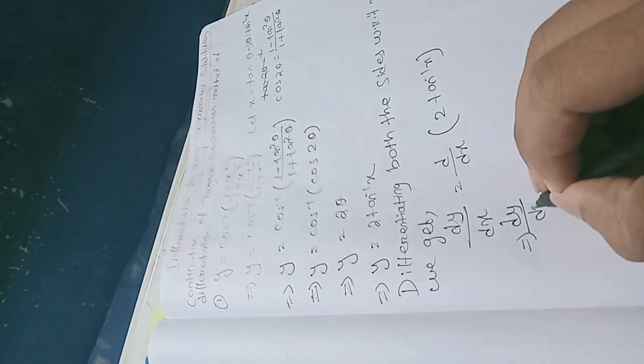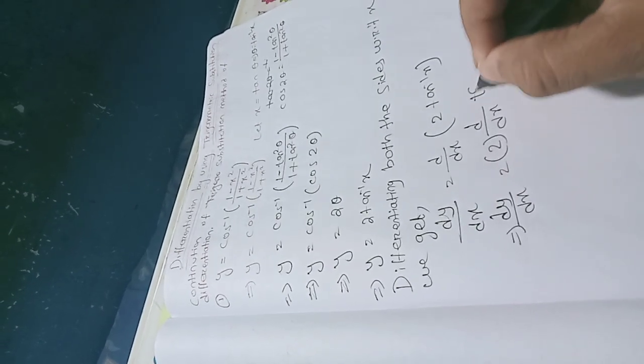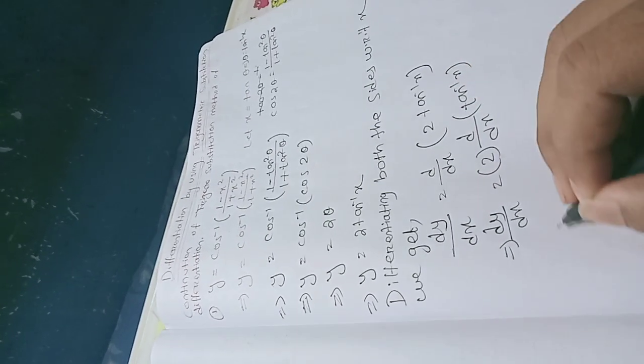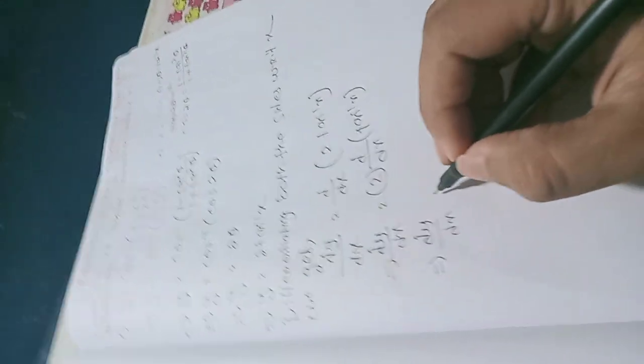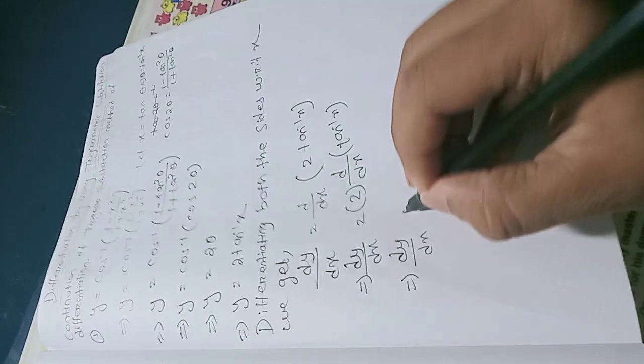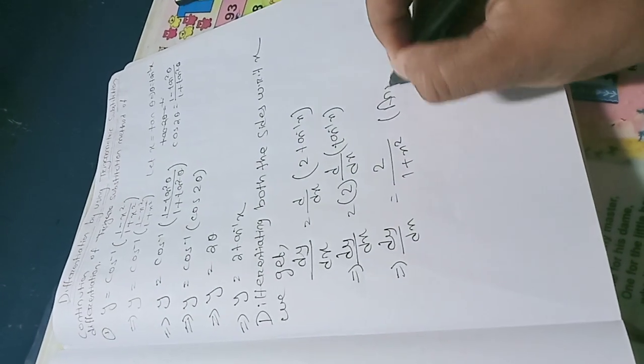Implies dy upon dx is equal to 2, constant comes outside, d by dx of tan inverse x. Implies dy by dx is equal to 2 by 1 plus x square, and this is your final answer.